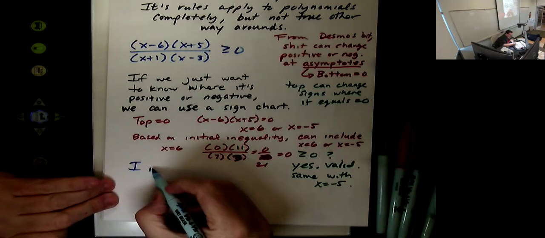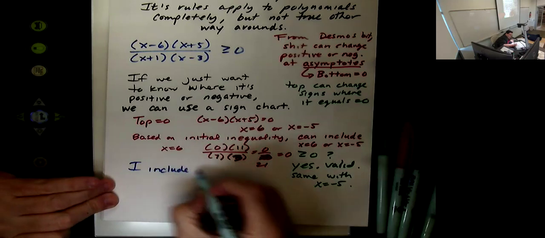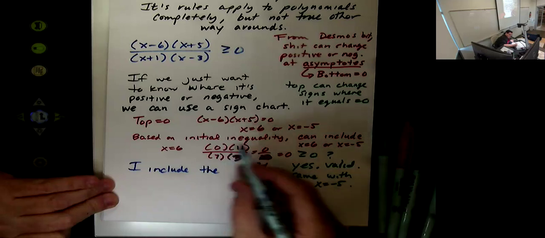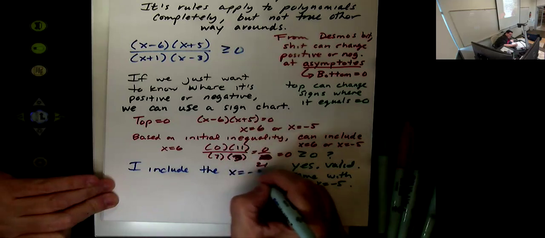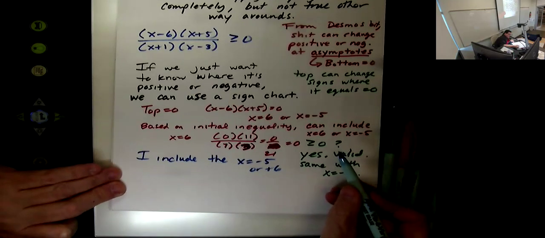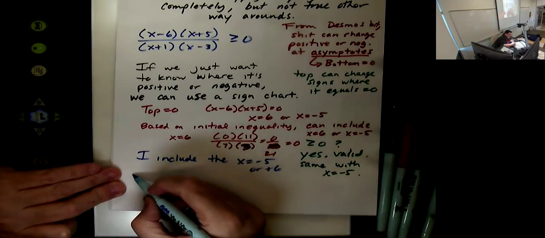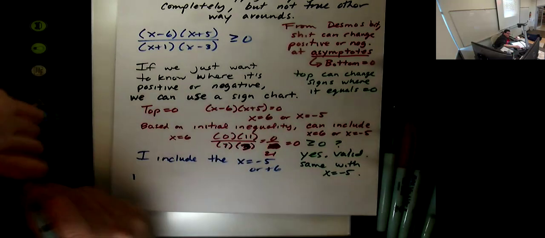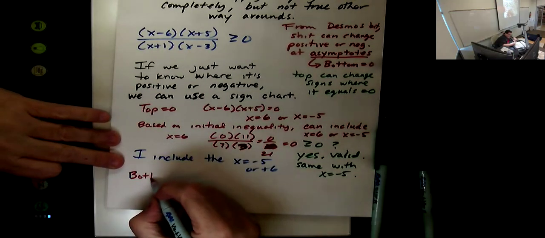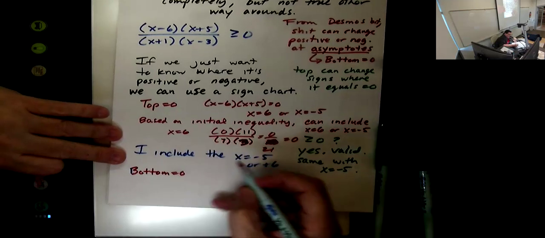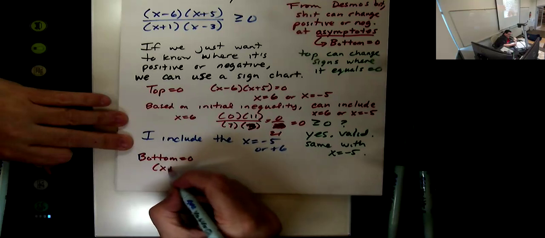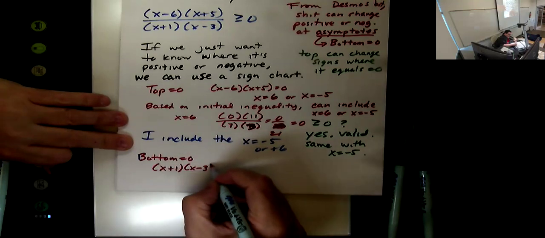I include the points, x equals -5 and +6. For the bottom equal to 0, I have x plus 1, x minus 3 equals 0.